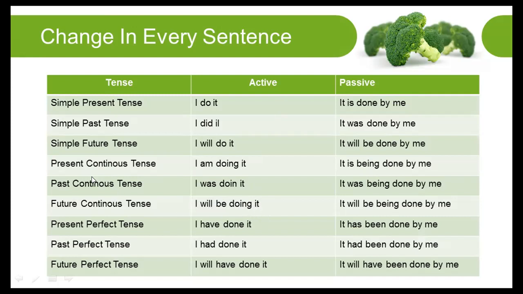Don't forget, in continuous we put the verb be, because in every future tense we must put will. In future continuous, I will be doing it, and in passive sentence, it will be being done by me.